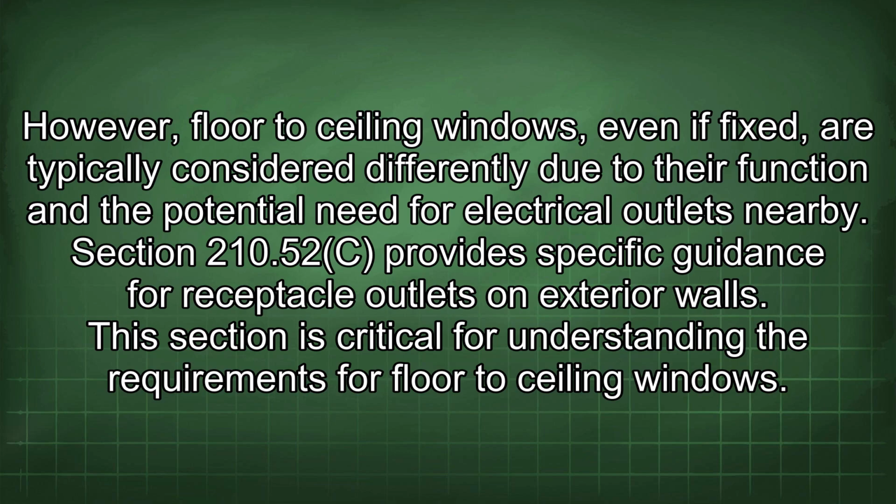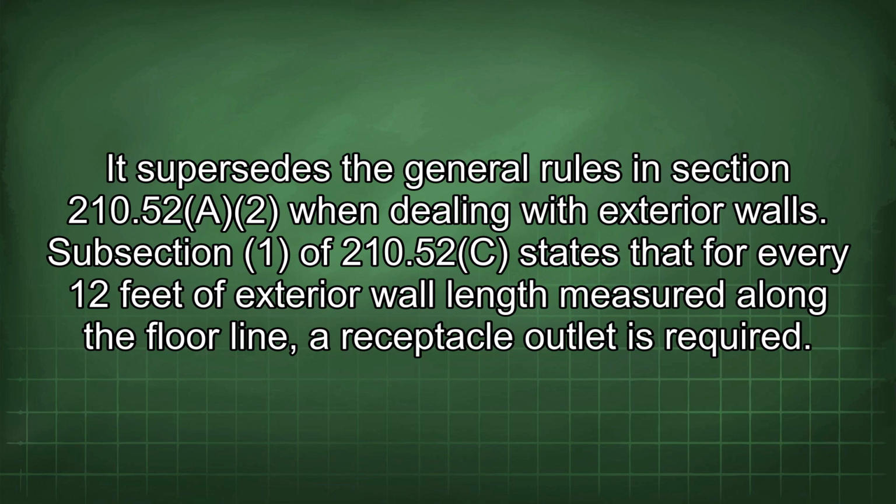Section 210.52(C) provides specific guidance for receptacle outlets on exterior walls. This section is critical for understanding the requirements for floor-to-ceiling windows. It supersedes the general rules in Section 210.52(A) when dealing with exterior walls.